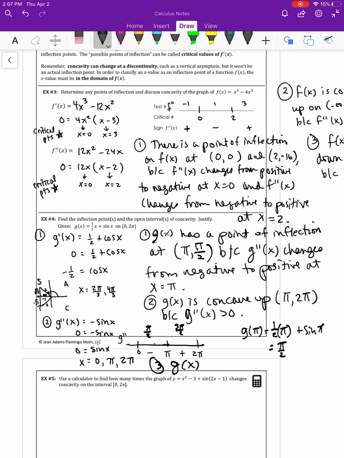And then lastly, g of x is concave down on 0 to pi because g double prime of x is less than 0. Okay, I'm going to stop.